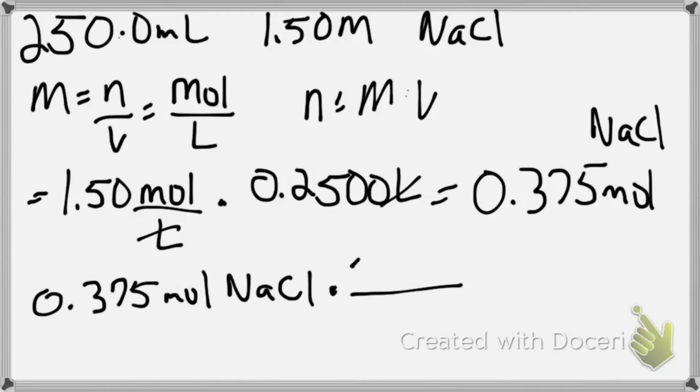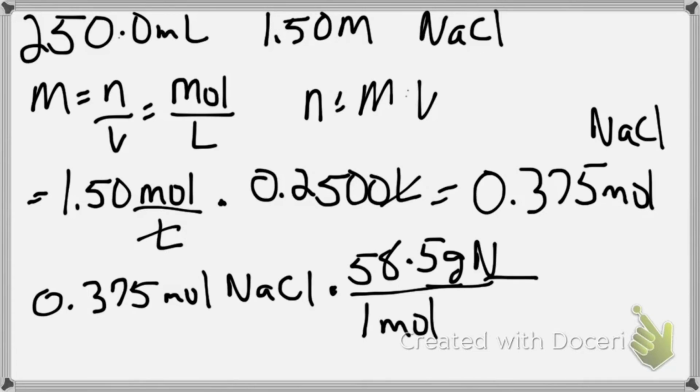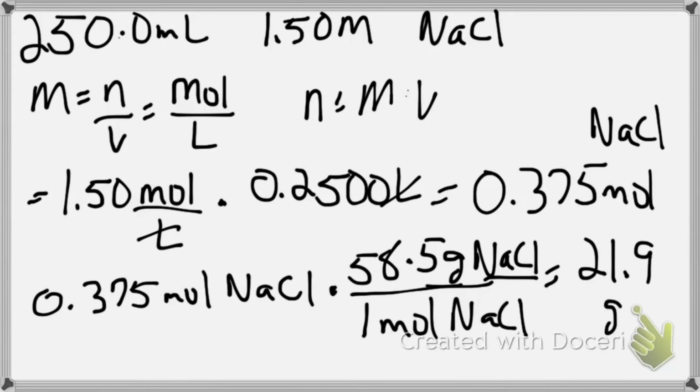What happens is in 1 mole of sodium chloride you get 58.5 grams, and that is per 1 mole. And we're talking about NaCl here. Now when you multiply that out and round it off, you get 21.9 grams of NaCl.